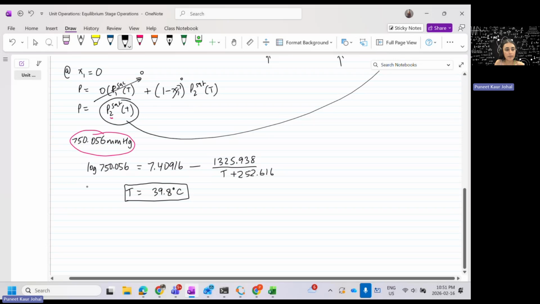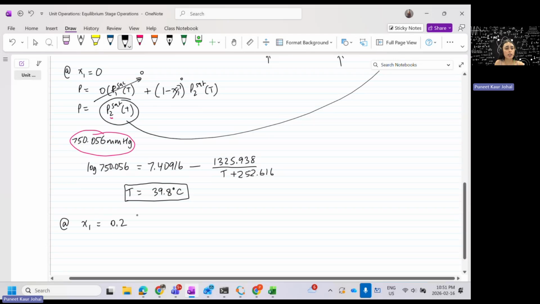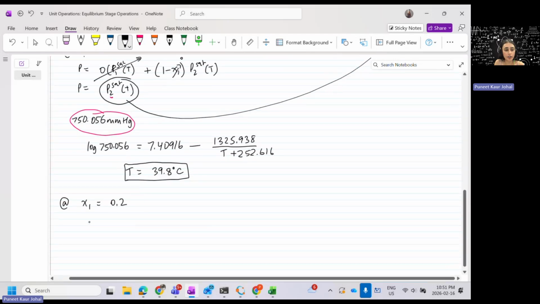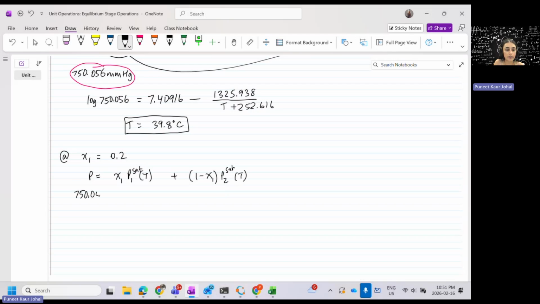Now imagine what happens when we explore something like when the mole fraction becomes, let's say, 0.2. I'm going to rewrite the equation for us at T. We know that the pressure value is still 750.056.